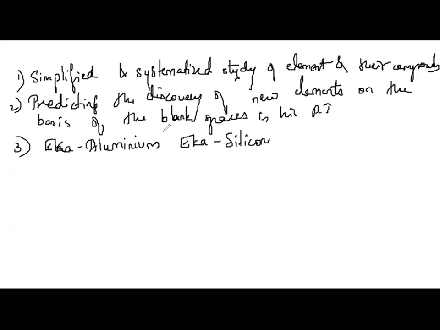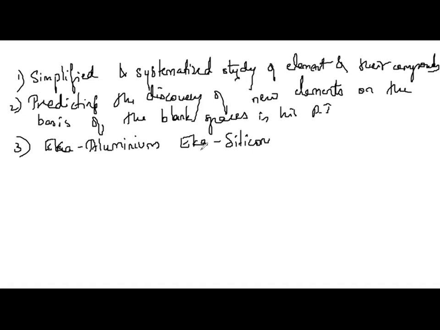He said, whatever vacant spaces I have left, whatever elements come there will have similar properties to aluminium, therefore Eka aluminium. And below silicon, they will have similar properties to silicon. See, this was the very extreme level: he predicted the discovery of new elements by leaving the blank spaces.